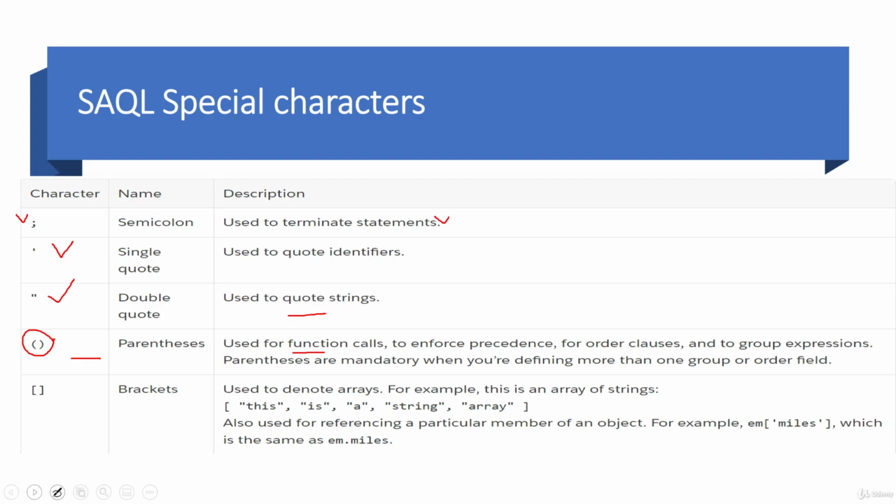So I can write the range in my brackets. Brackets are used to denote any kind of array. If I have multiple values to check or match, we can put them as array values, and at that time you can use the brackets.